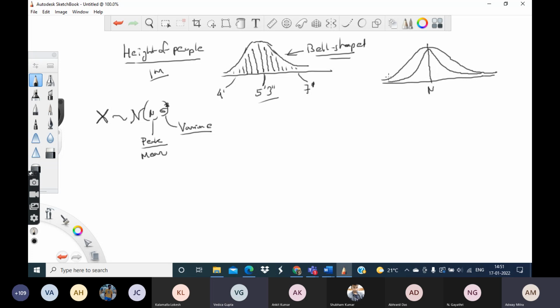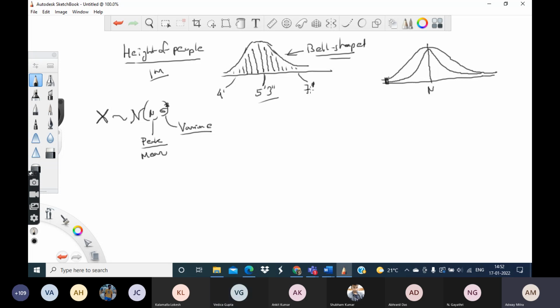So if you consider an interval like this, it will have some probability in the first case, but in the second case it will have almost zero probability, right? So that is what the Gaussian distribution is.